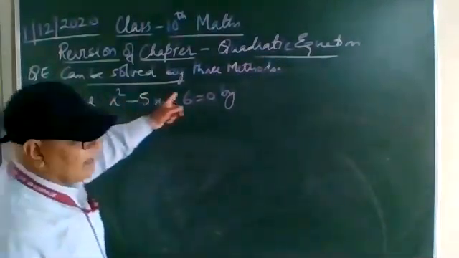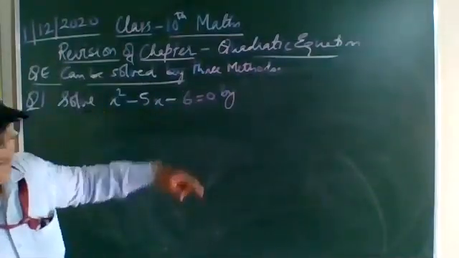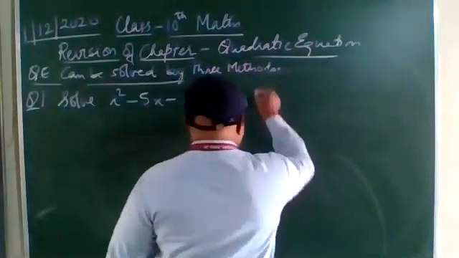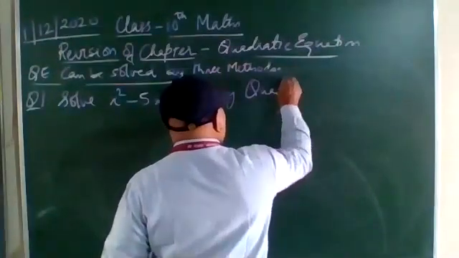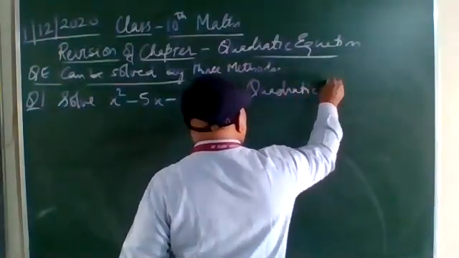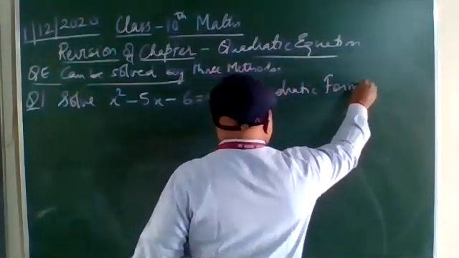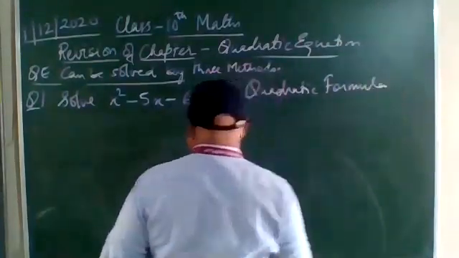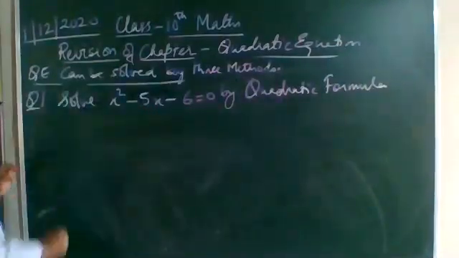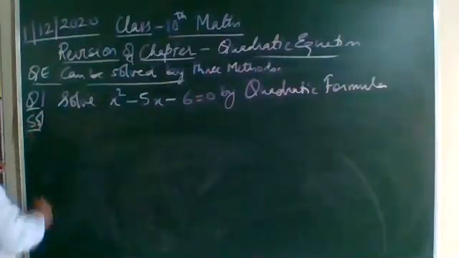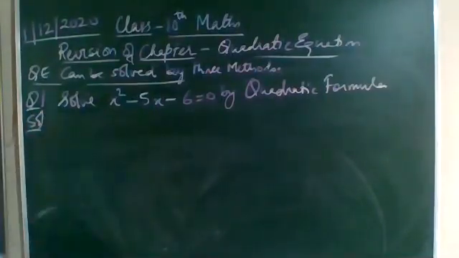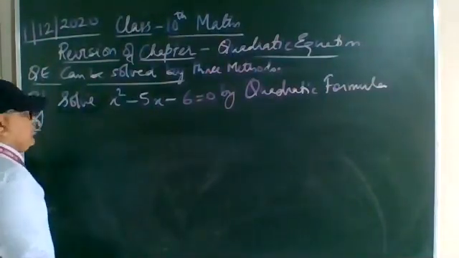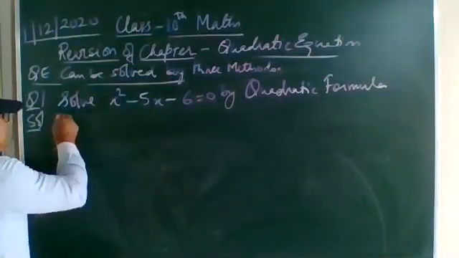So solve x square minus 5x minus 6 by quadratic formula. Now you have to use the quadratic formula. A variety of questions you will find in the refreshers and all, so you can do that type of questions.